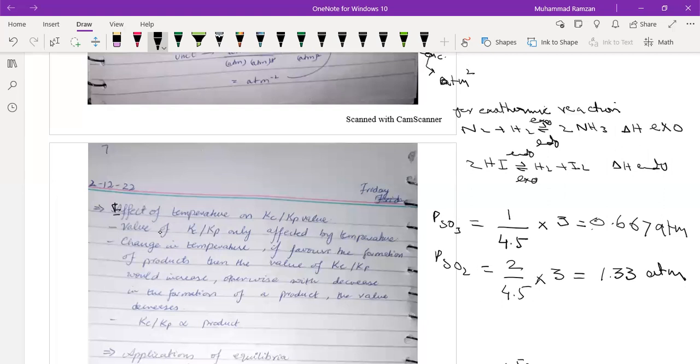But with HI, H2, I2, when the temperature increases, it will favor the forward side because the endothermic is forward. That's why the value of Kc, Kp would increase. And a catalyst would not affect Kc or Kp. It is only affected by temperature.